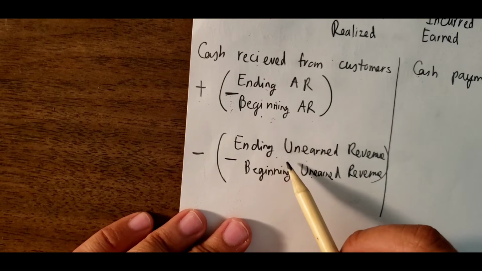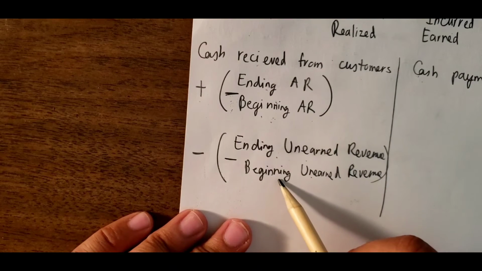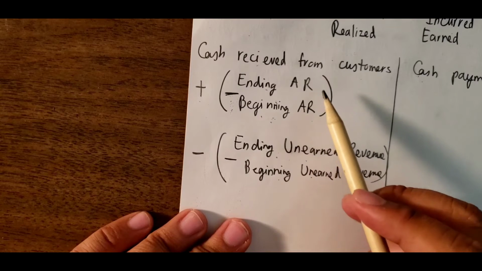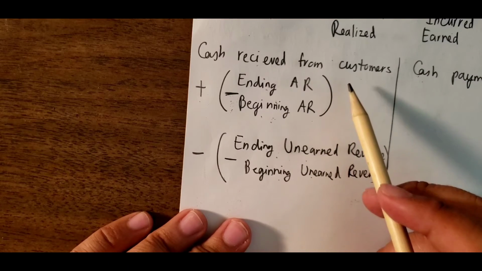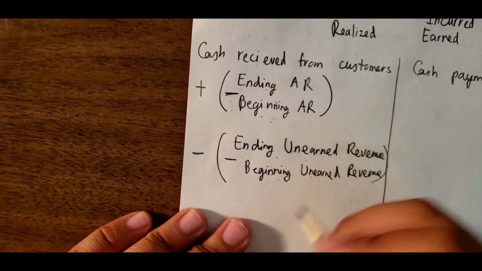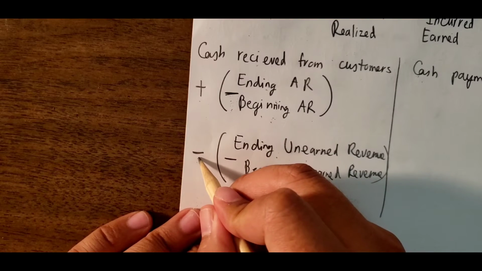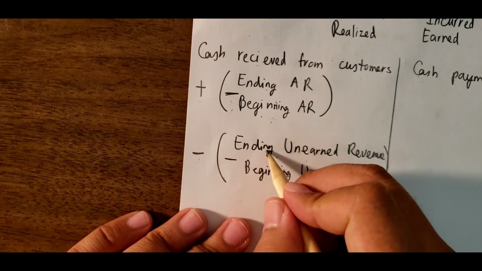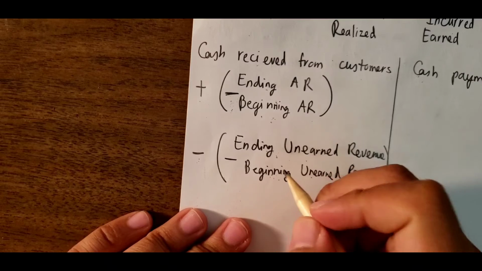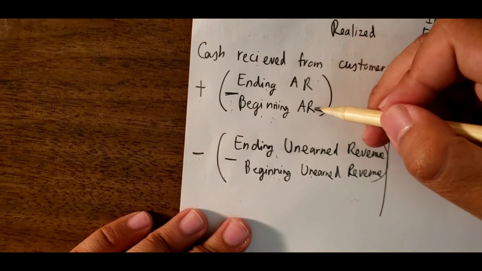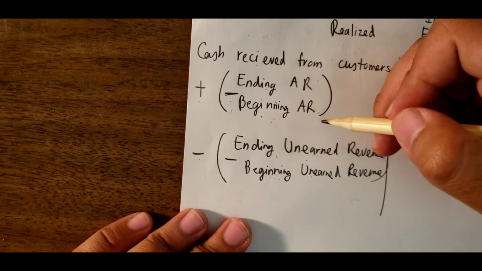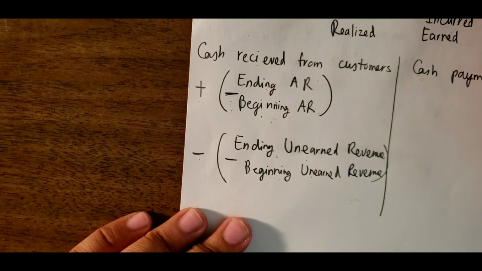So if the ending is higher than beginning, the cash will reduce, accrual reduce. So that's why we need to have the minus sign outside. And in here we find the change, because I put the ending and beginning as a good way to explain and it is easy to understand.